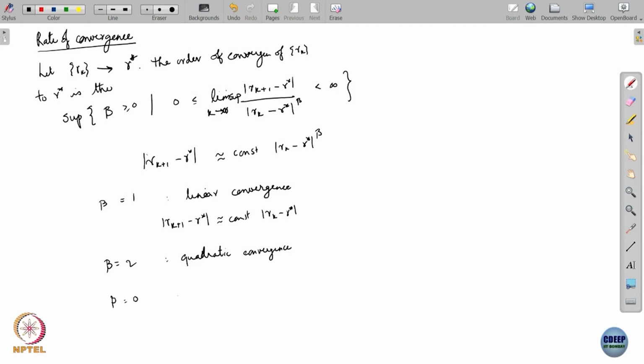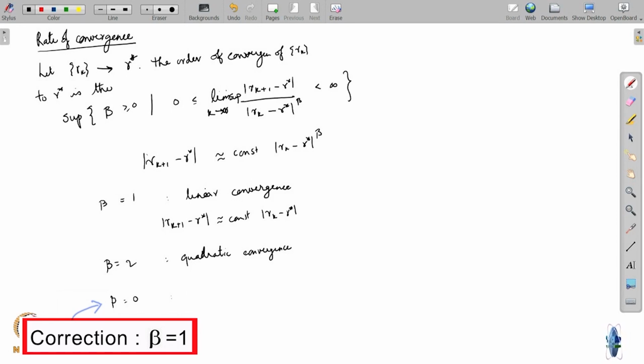And if it turns out that beta is greater than 1 and this constant here is actually equal to 0, then we say it's superlinear convergence.